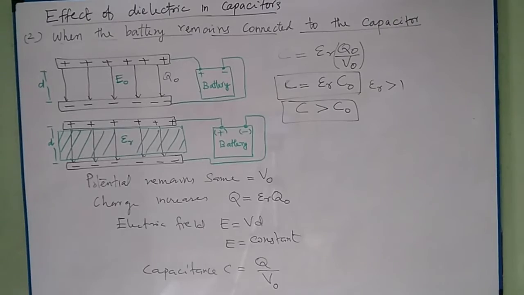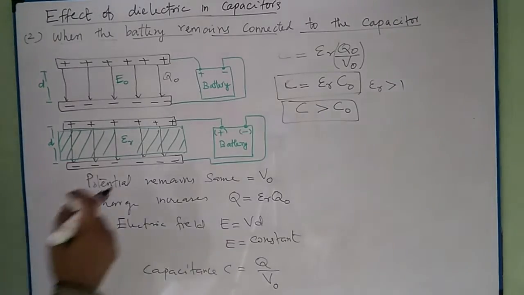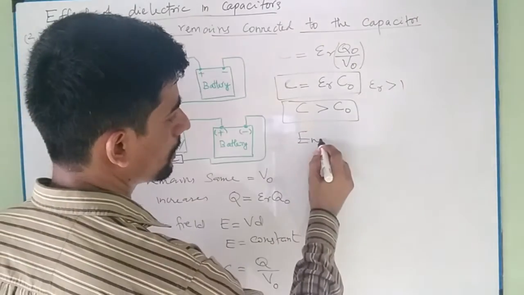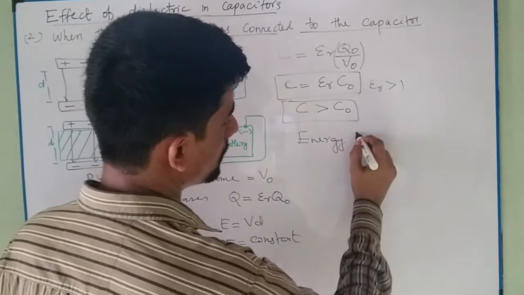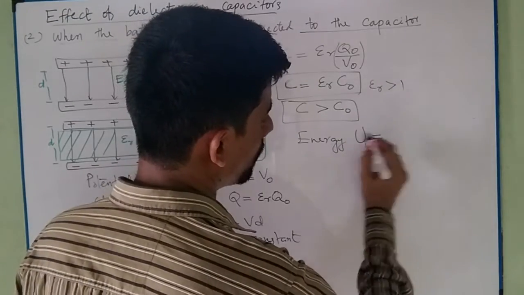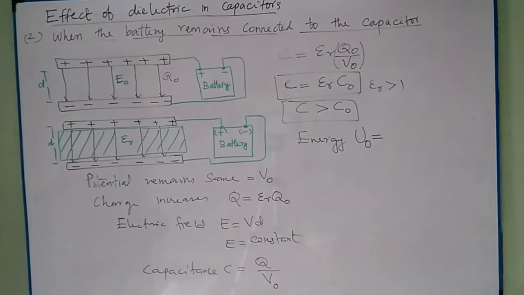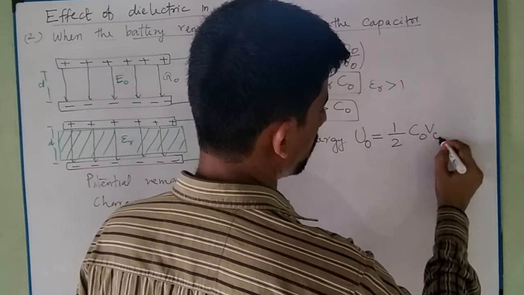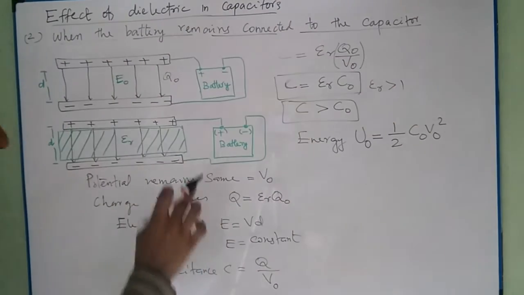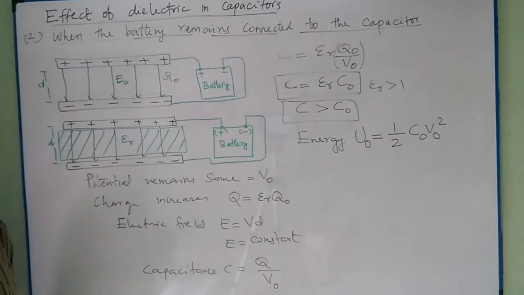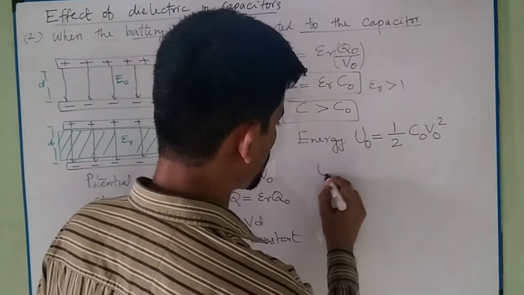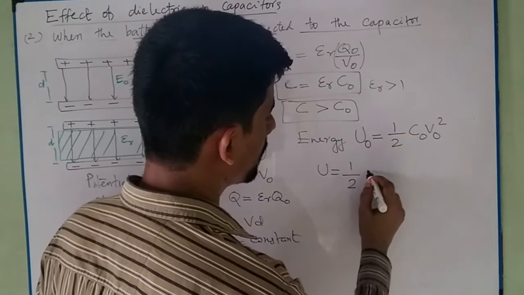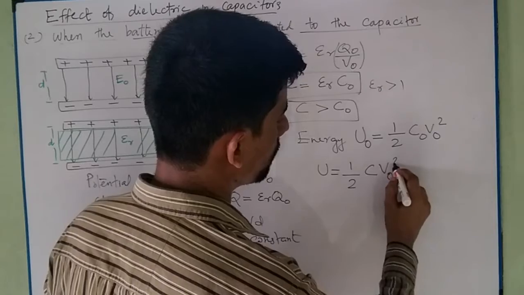Next, what about the energy of the capacitor? Initially, the energy U0 is equal to 1 by 2 C0 V0 square. This is the energy before insertion of the dielectric. After insertion of the dielectric, what will the energy become? U is equal to 1 by 2 C V0 square.